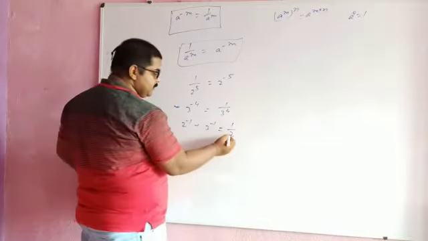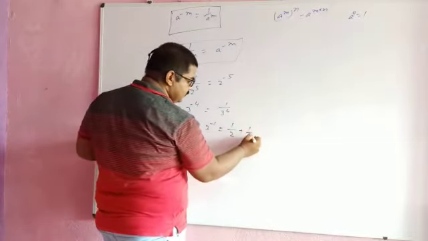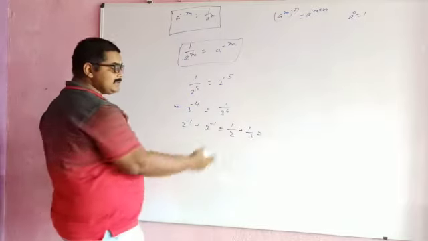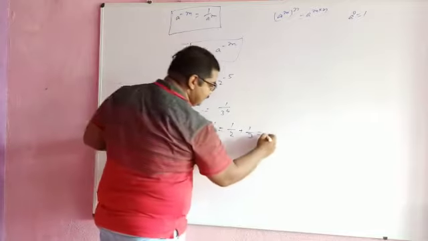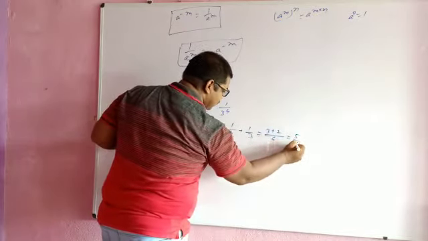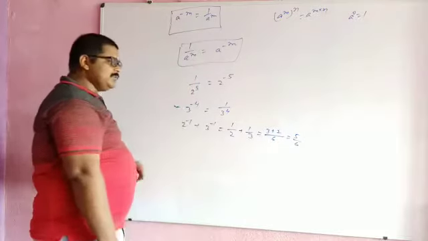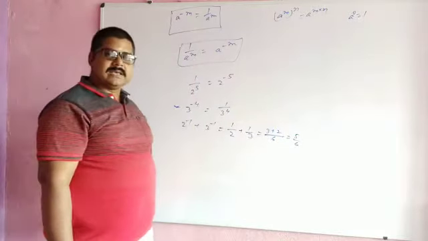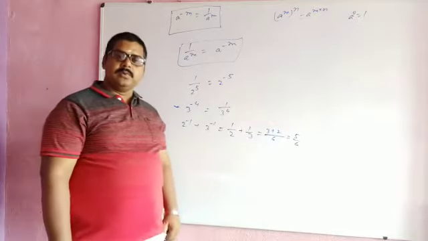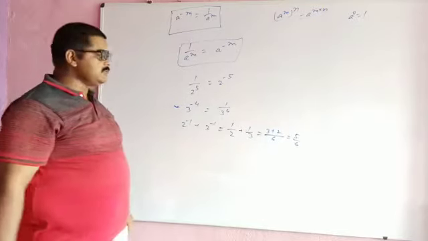So 1 upon 2 plus 1 upon 3. After that, it is simple addition, and you can solve it by doing the process. Its final answer is 5 upon 6. Such types of questions are already given in your book, and you just have to do them.